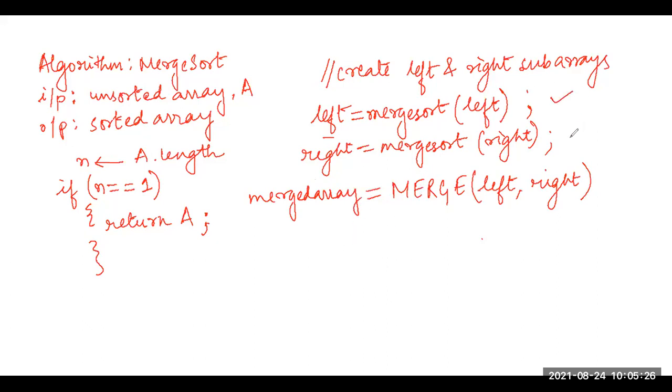So always we went on calling these two parts till we were left with only one element. Whenever we were left with one element, we were returning it. And in between this, we were always calling the merge algorithm to merge my left and right subparts, and we were storing it in another array, which I am naming the merged array. And finally, we returned the merged array. That is, we returned the third array and printed it.